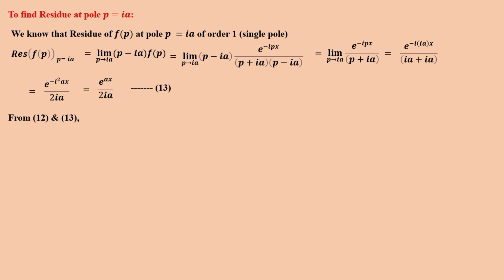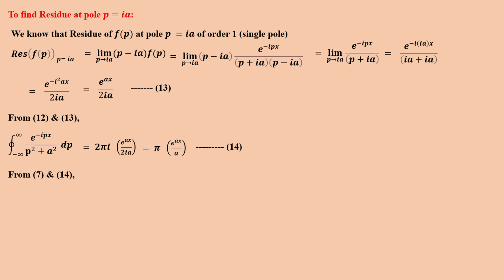So using 13 in 12, we will get the integral from minus infinity to plus infinity of e power minus i p x by p square plus a square dp is equal to 2 pi i e power a x by 2 i a. 2 i gets cancelled, so you will get pi e power a x by a. Equation number 14.